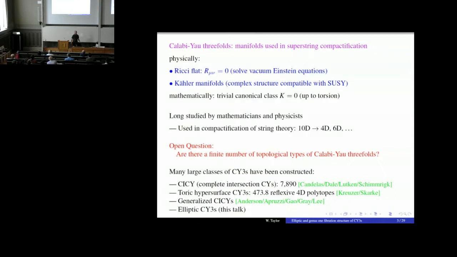And then there are generalized CICYs, which have been studied by the Virginia Tech group in recent years, and then elliptic Calabi Yau threefolds. And much of this talk will focus on these two sets, the toric hypersurface Calabi Yaus with 473.8 million Calabi Yau, reflexive 4D polytopes, and elliptic Calabi Yaus, which will focus on the connection between those two things.